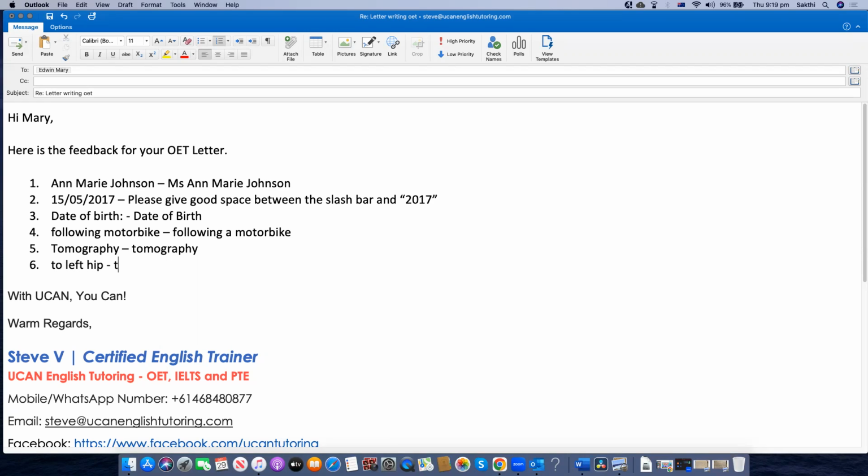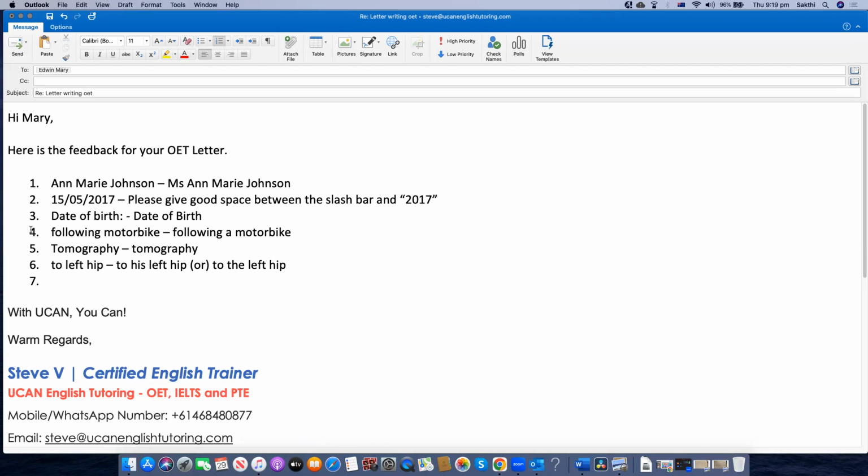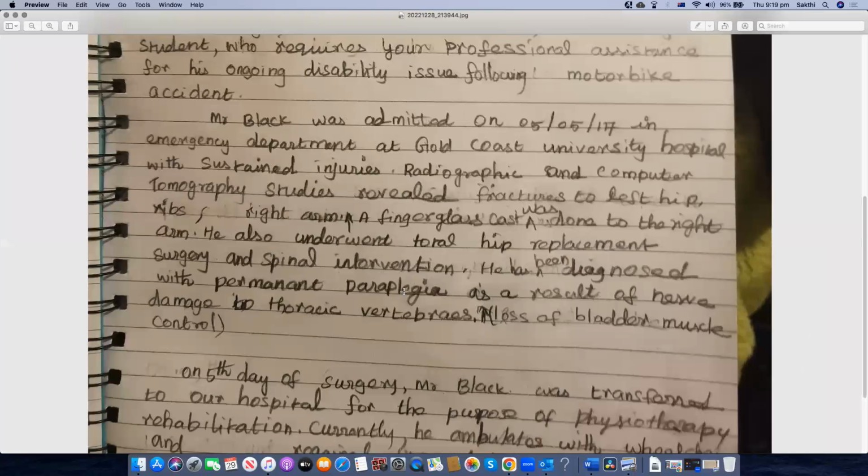So it's good to write "to his left hip". Otherwise, you can say "to the left hip". Either of them is quite okay, and I'm quite happy with that. But definitely we have to use either the personal pronoun or the article "the". All right, let's continue.